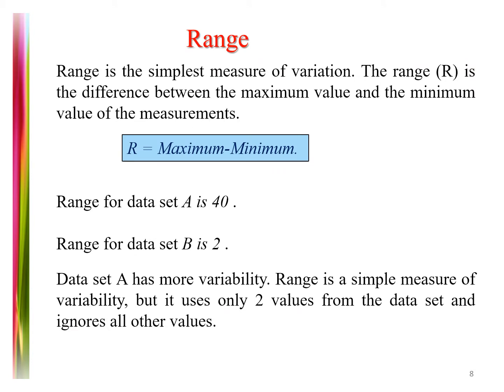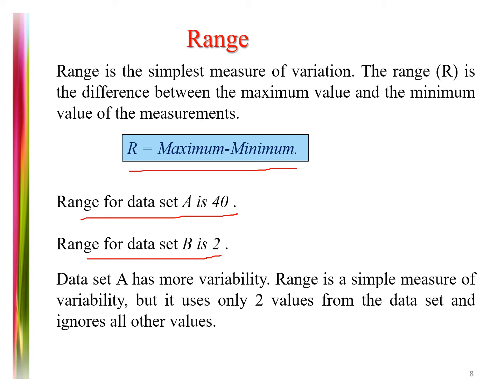Alright, first range. Range is the simplest measure of variation. The range is the difference between the maximum value and minimum value of the measurement. Everybody knows that range equals maximum minus minimum, high value minus low value. Based on the earlier data, the range of data set A is 40, which is 90 minus 50, and data set B is 2, which is 71 minus 69.